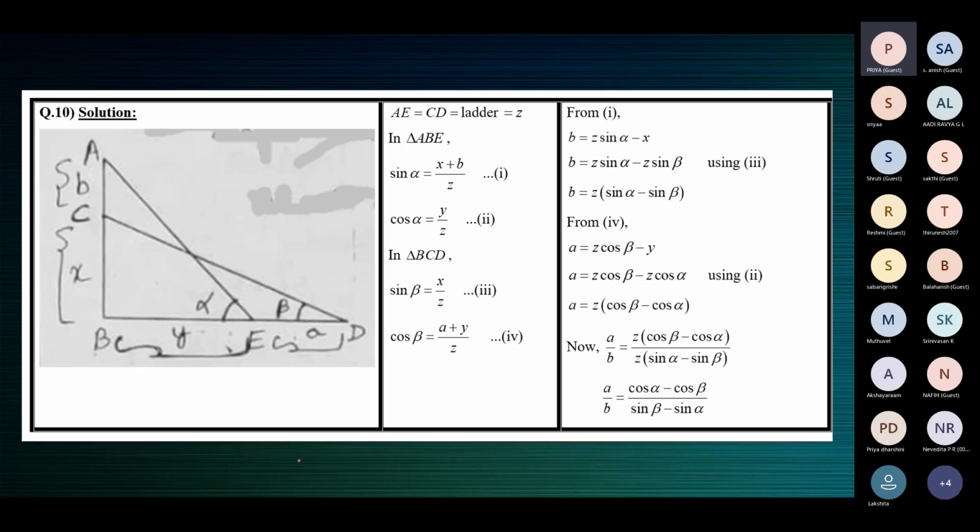What's your question? Ma'am, in the last step, how did we change cos beta minus cos alpha into cos alpha minus cos beta? Same doubt I'm having, ma'am. Okay, that alone we can see. Yes, sure.